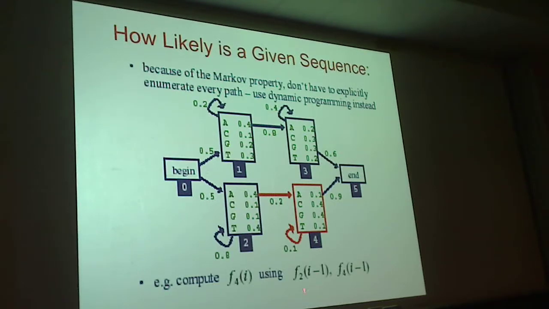And that is, you can get into F4I, any of these letters, by coming from F2 here, if you have sequence symbol I minus 1 there, or in F4 if you had the preceding sequence symbol in this same cell. So that's how it works, as you've seen already.